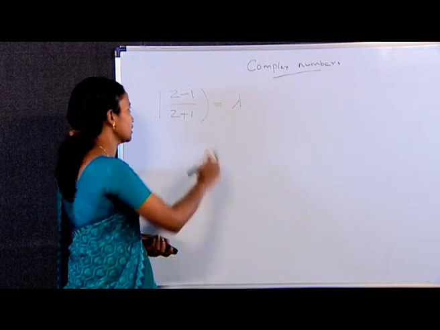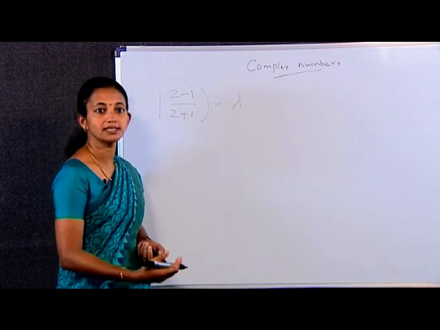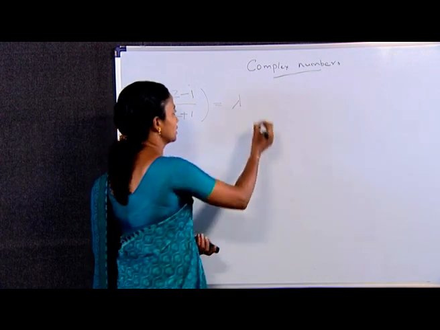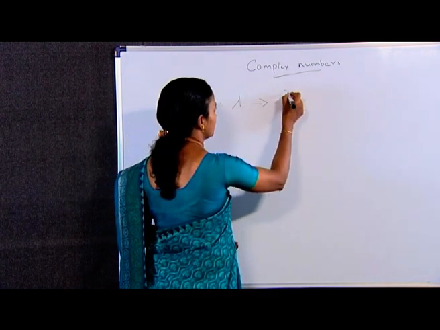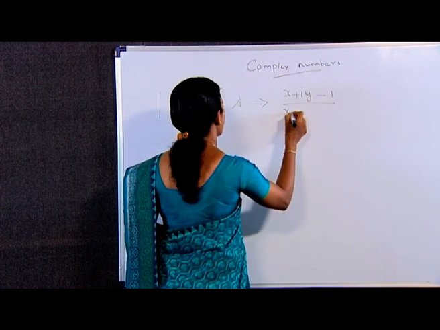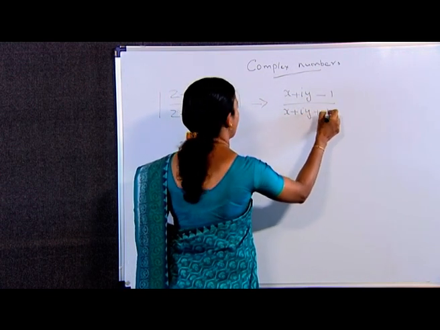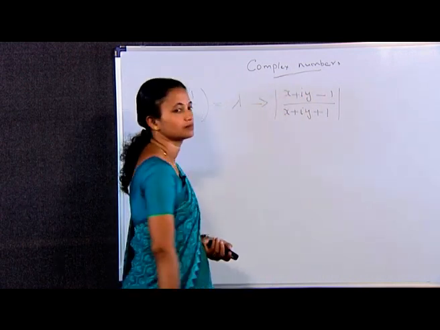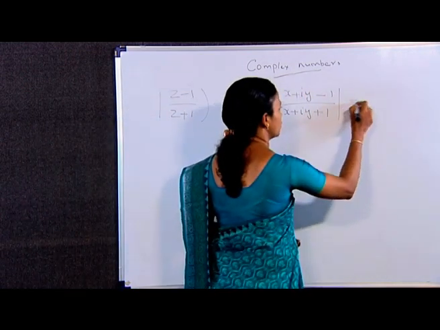Z we can convert as x plus iy. So, this I can write as x plus iy minus 1 by x plus iy plus 1, which is equal to lambda.